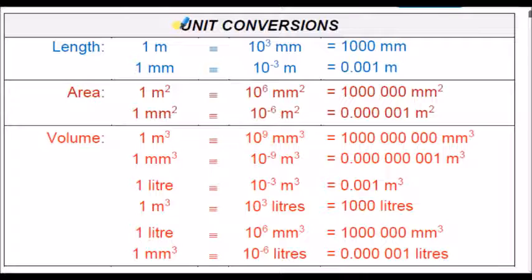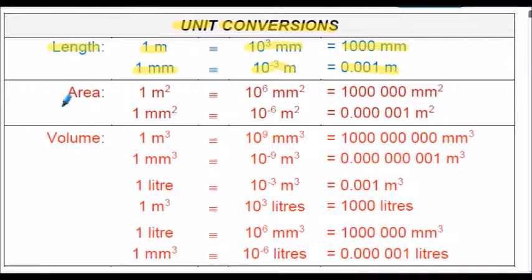Let's consider SI unit conversions. We generally know that a length of 1 meter is equivalent to 10 to the power of 3 millimeters, or 1,000 millimeters. Conversely, 1 millimeter is equivalent to 10 to the negative 3 meters, or 0.001 meters.